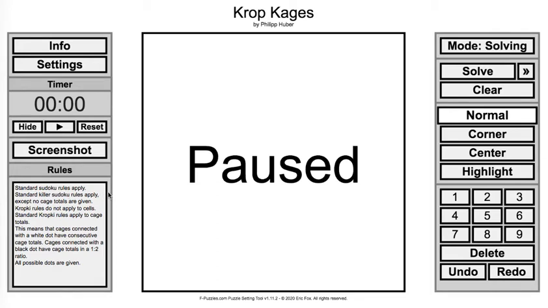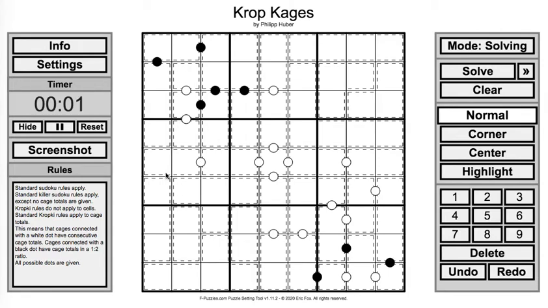Standard Sudoku rules, standard killer rules, but, I'll show the picture, we have no cage totals. However, we have a restriction on the cage totals in that we have a Kropke rule that is not between individual cells but between cage totals, and we get the negative constraint as well.